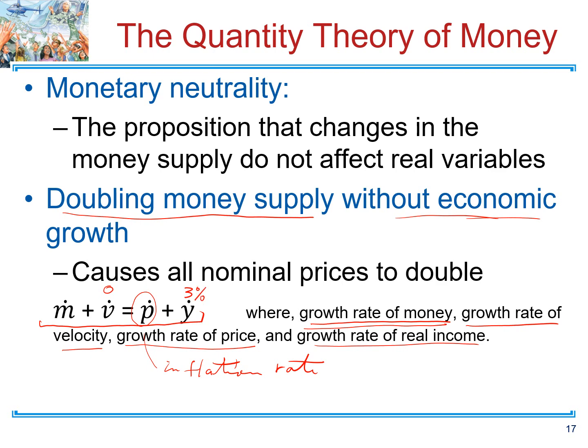Let's say that it is 3%, and then the Federal Reserve increases the supply of money by, say, 6% when economic growth is 3%. Then what? Well, the inflation rate goes up by that 6% minus 3%. The inflation rate goes up by 3%.